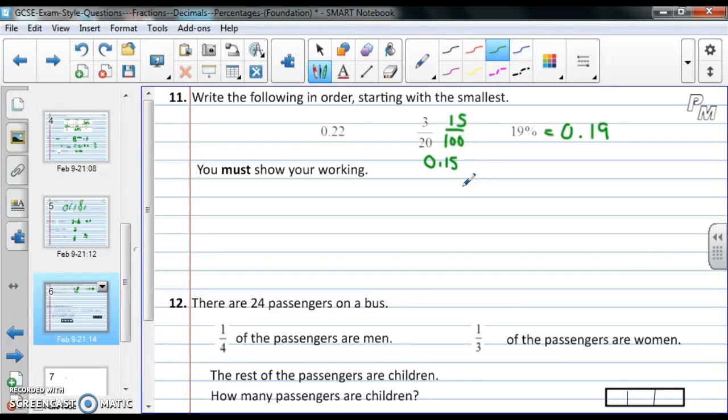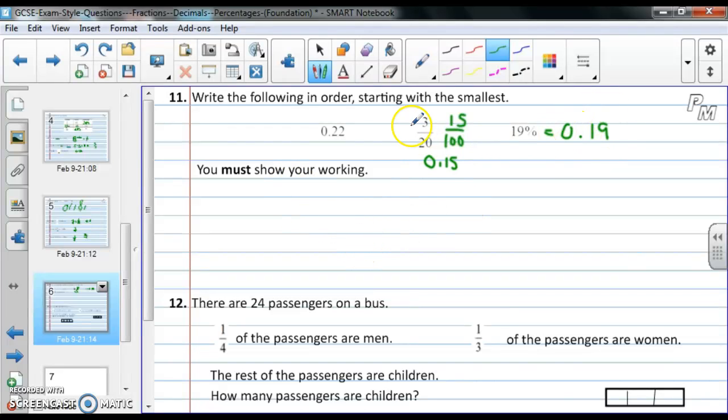Okay, so then I want to order them from smallest to largest. So when I think about my place values, I need to look for the place value closest to the decimal. That's our largest place value. So I want to look for the smallest number in my tenths place, so that's 1. And then if I look, is 15 or 19 the smaller number?